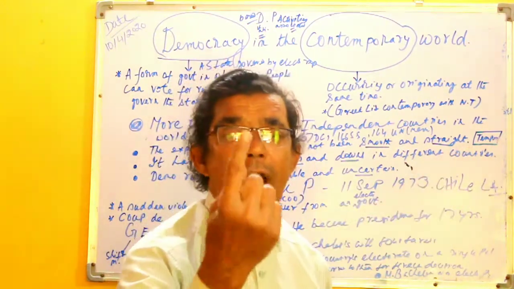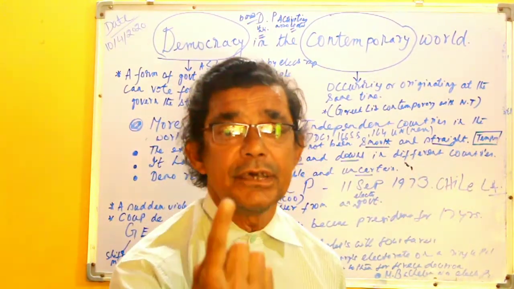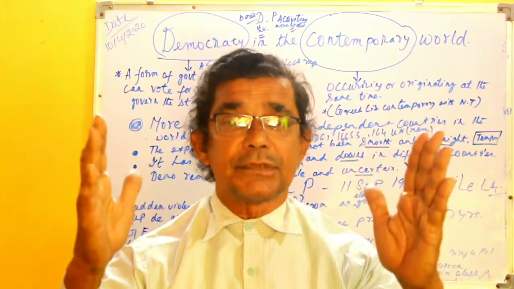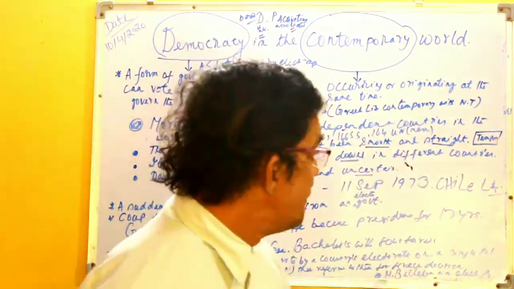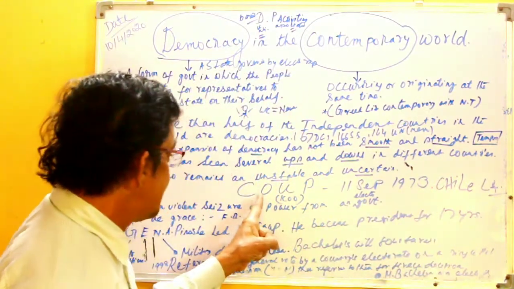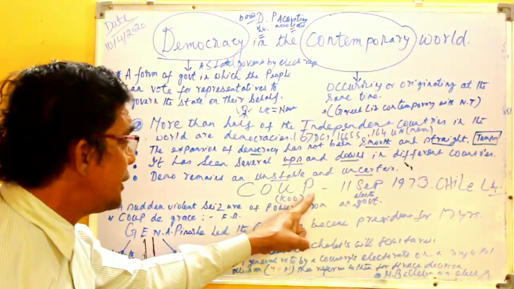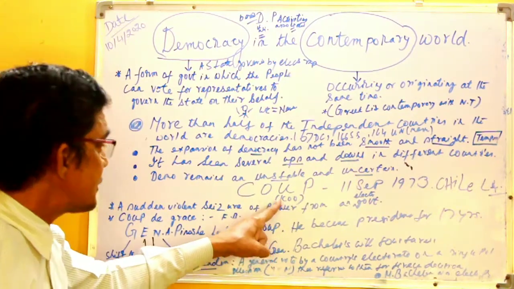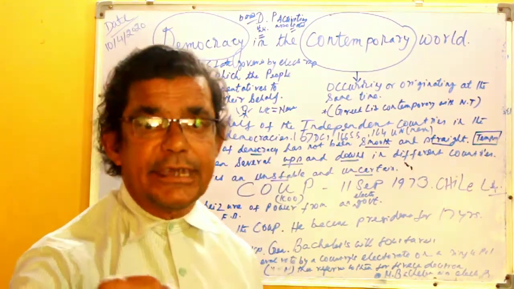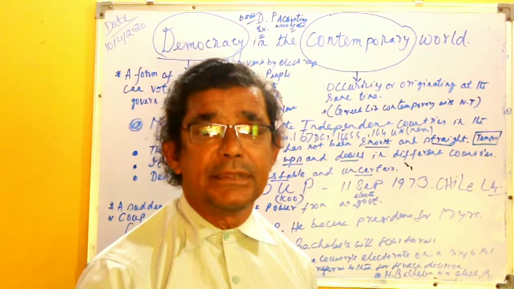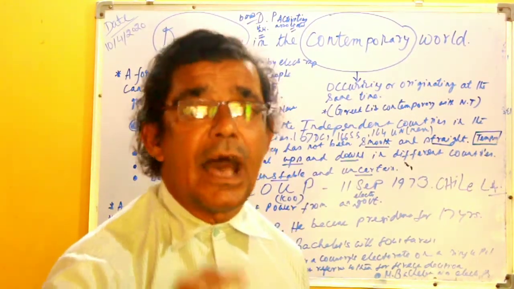And one difficulty is the tempest. Tempest means storm, and storm means coup. See the spelling, C-O-U-P. It is also called a coup, meaning sudden capture of power by the military leaders. I'll come to that.